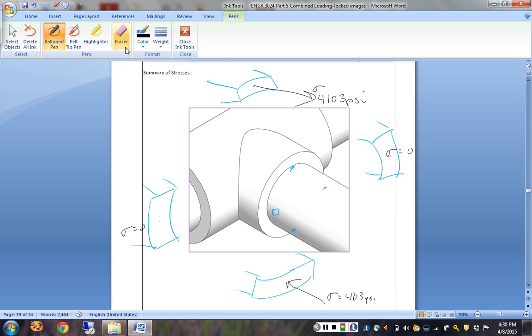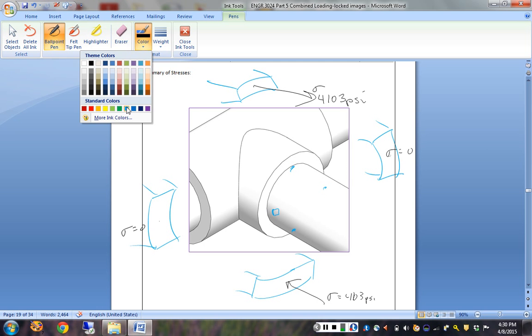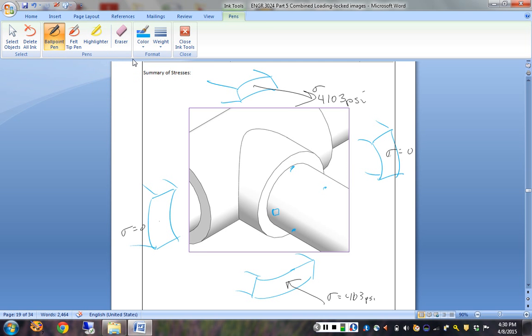Now I'm going to change color to happy blue for the torsional. Okay. What do I have at noon for torsional? What's my value? It's 1070.